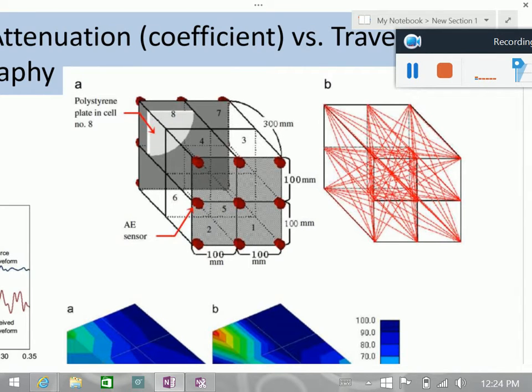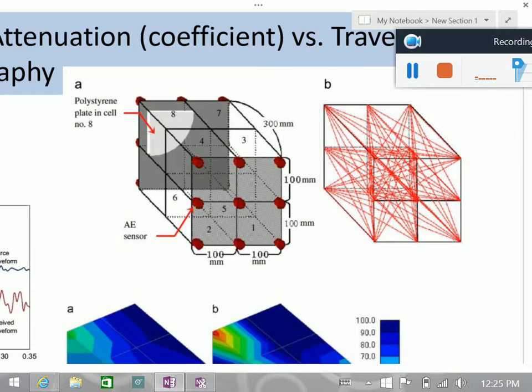You have the source on the back of the specimen, and you have the receivers on the front. Okay? So from each source, you can kind of do ray tracing to each receiver. And you have a map like that, a map of the rays that you have between different transducer pairs, source and receiver.